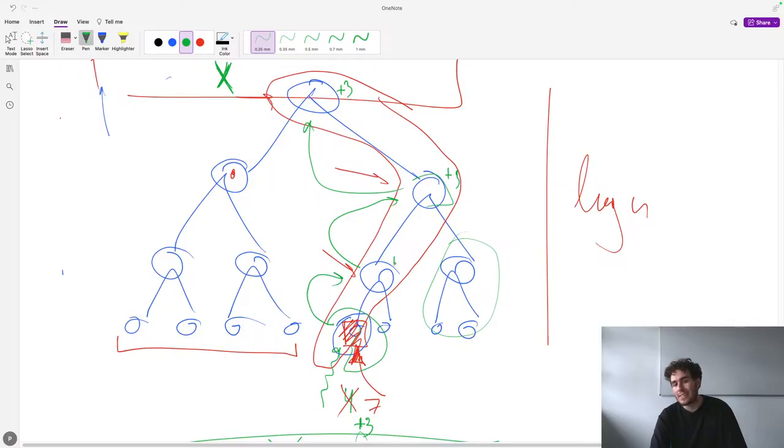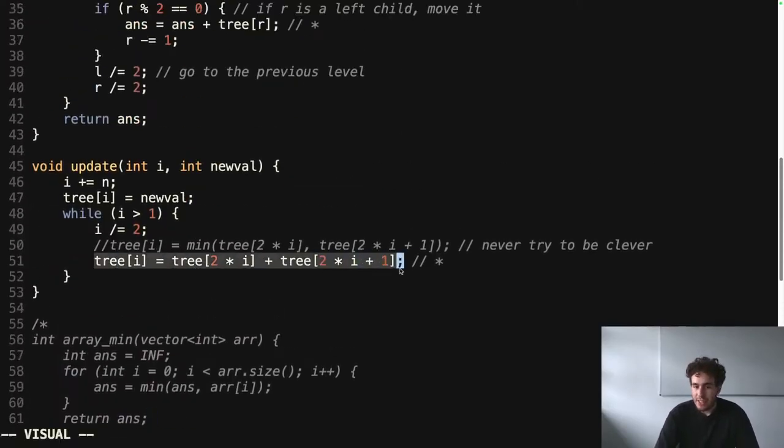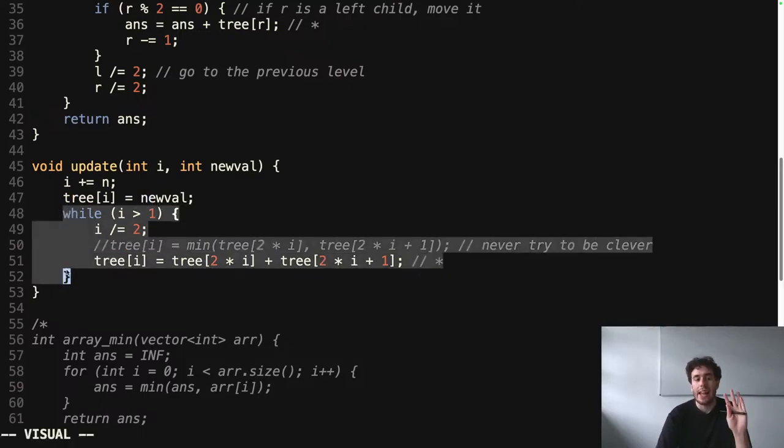And this is how the sum on these segments is going to change. I just add 3 on all vertices. So instead of recomputing as, again, sum on the left and on the right, you say, oh, no, I'm just going to compute the difference between the old value and the new value, and I'm just going to add it to all the vertices on the path to the root.